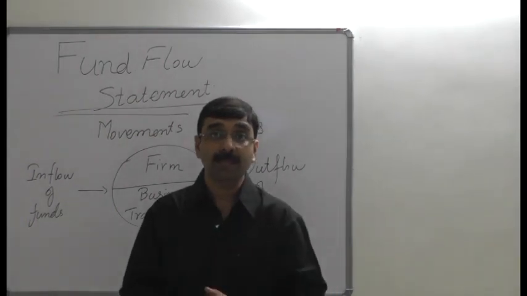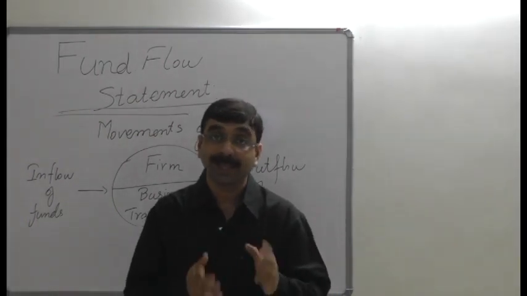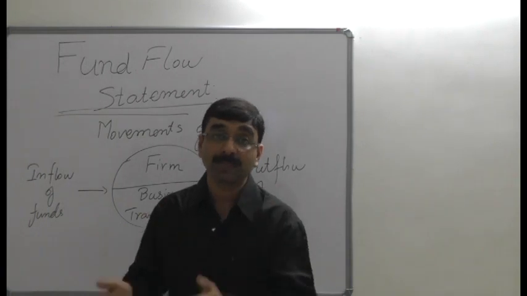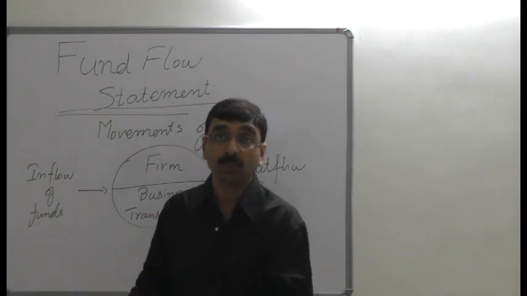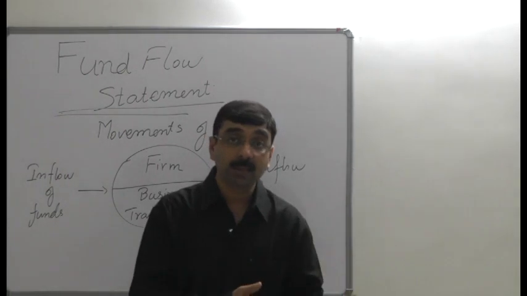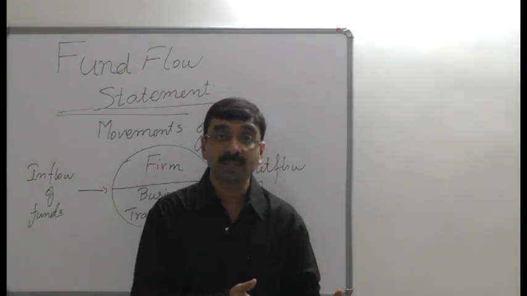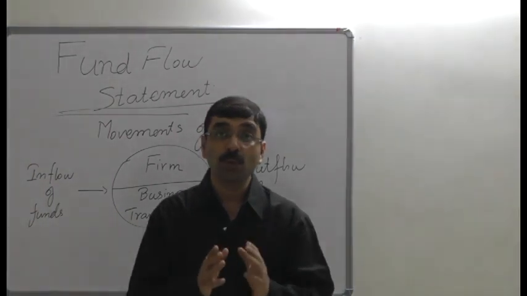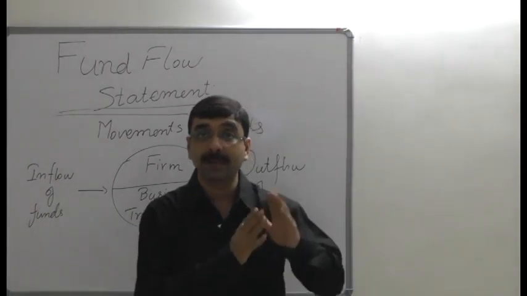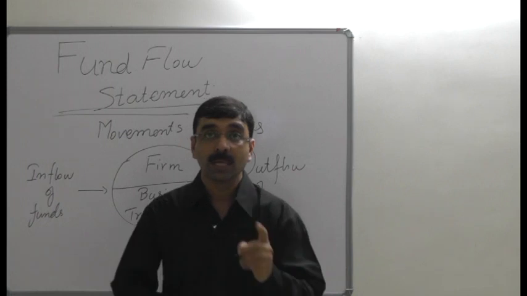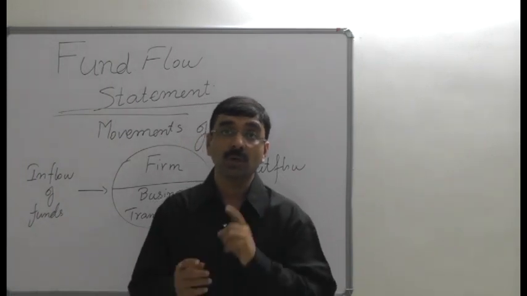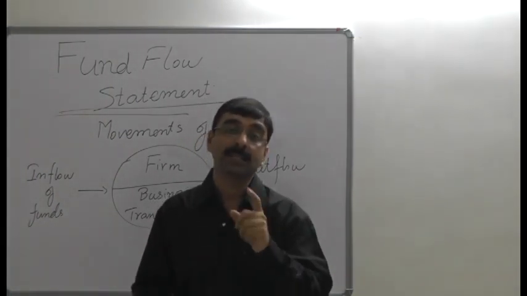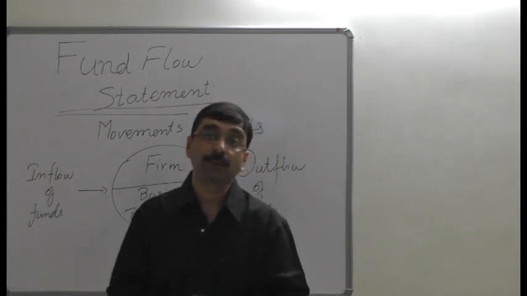When a change takes place in a non-current account, like a change in fixed assets, long-term borrowings, or reserves and surplus, and it is followed by a change in another non-current account, it should not necessarily be considered as a flow of funds.